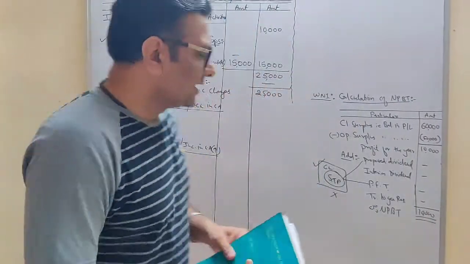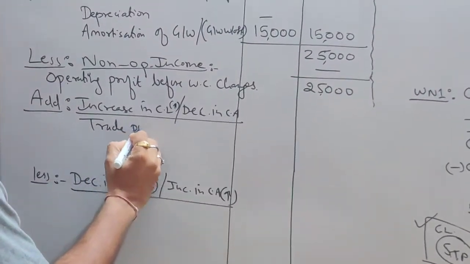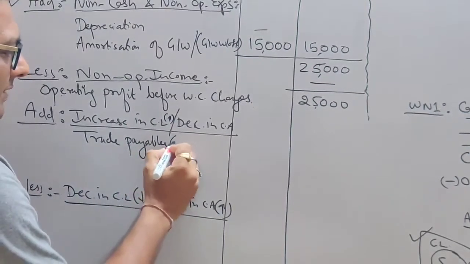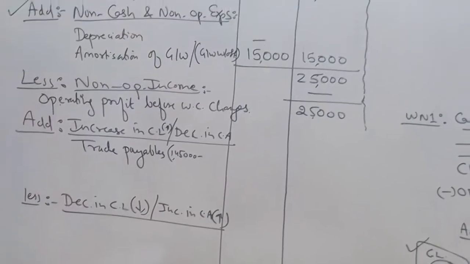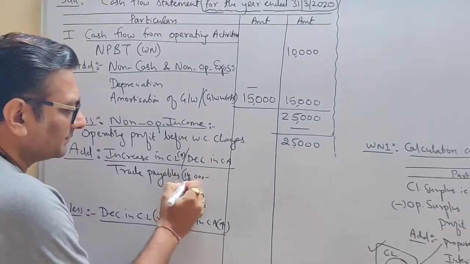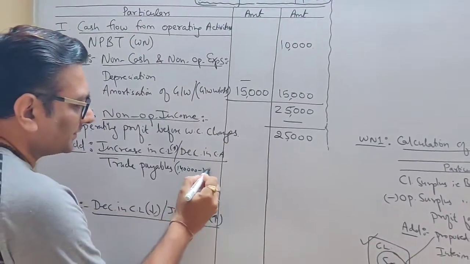It is increasing. So increase in current liability, you will write it here. Trade payables. Again you have to take the difference. 1,40,000 minus 1,05,000.